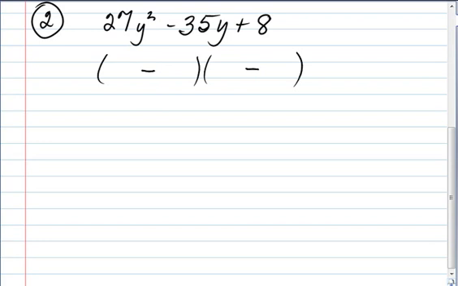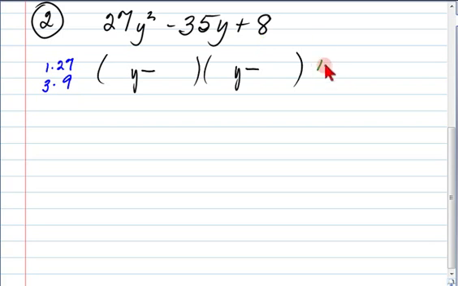All right. I know that I will need y's in here, but I've got to work with the factors of 27. Factors of 27. 1 times 27 gives me 27. 2 doesn't go into it, but 3 does. 3 times 9. I don't think there's anything else. So now let's look down here at 8.